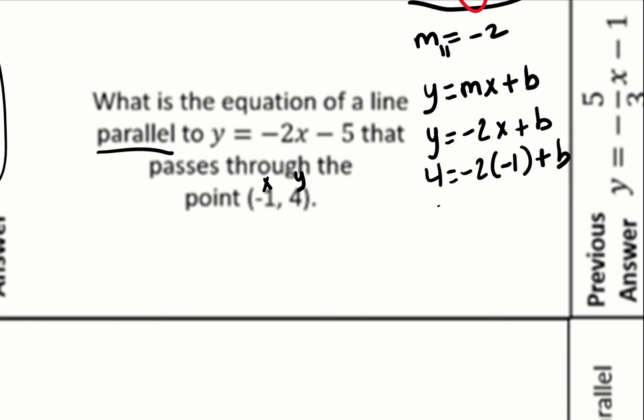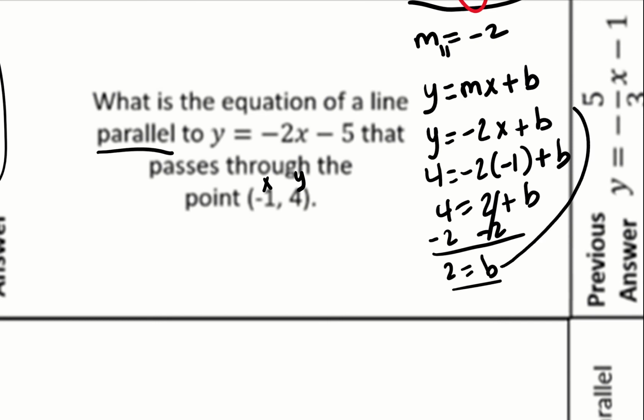Negative 2 times negative 1 is 2, so we have 2 plus b, and you can kind of see here b is going to be 2 because 2 plus 2 is 4. In any case, we can subtract 2 on both sides and get the same result. So we got b is 2, and then this means we're going to replace this b with a 2. So our final equation is y equals negative 2x plus 2.